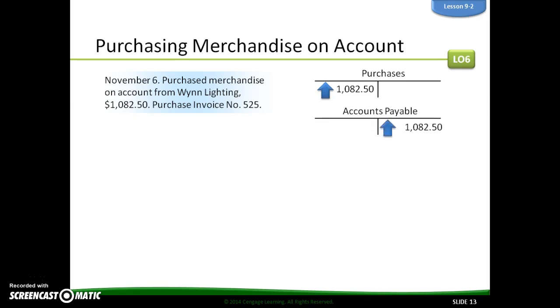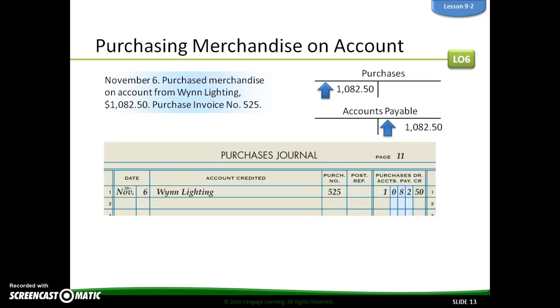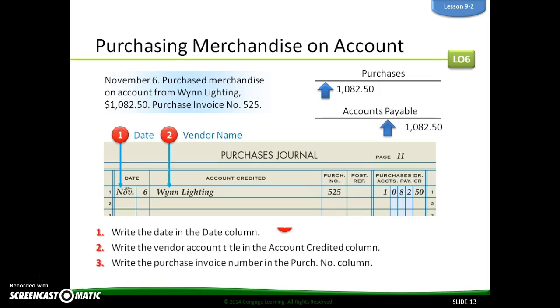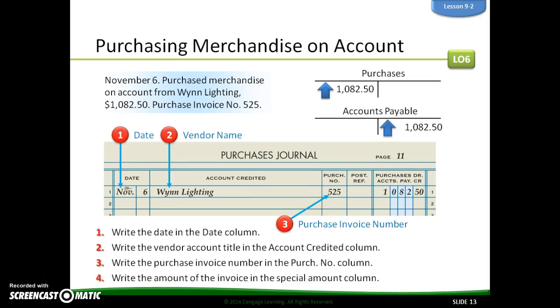And our accounts payable is going to go up. So we're going to go ahead and debit our purchases, and we're going to credit our accounts payable. In our purchases journal, we'd write the date in, the vendor, the invoice number for our purchase, and then the amount in the special amount column.